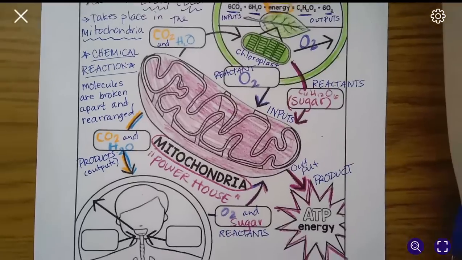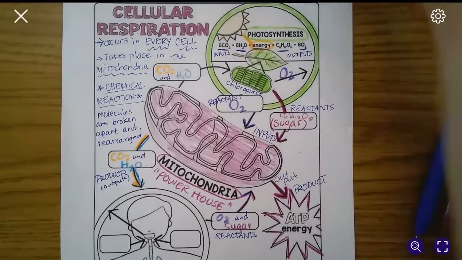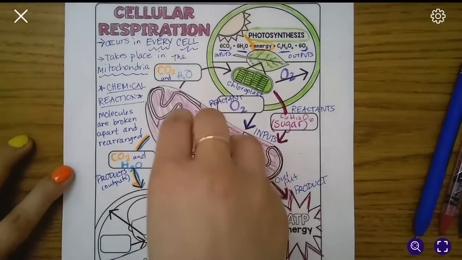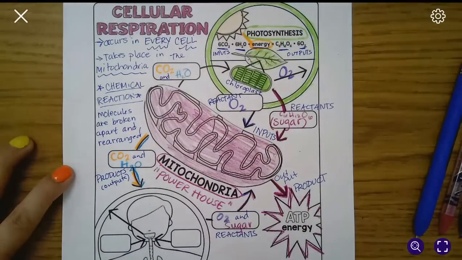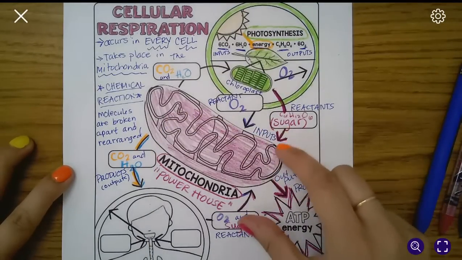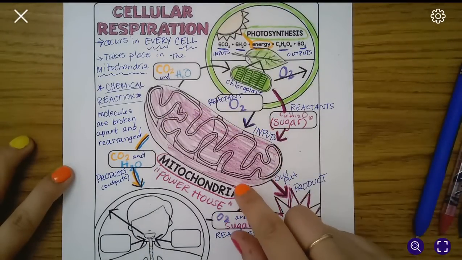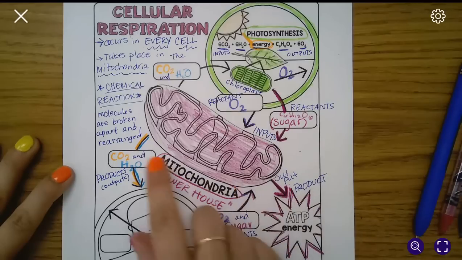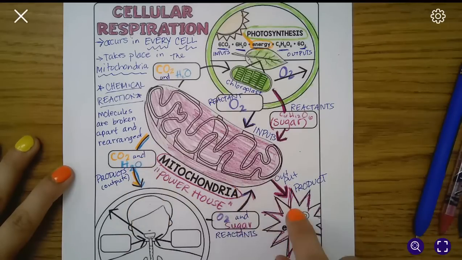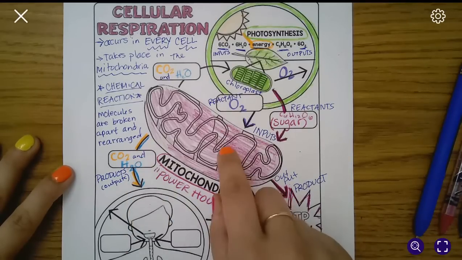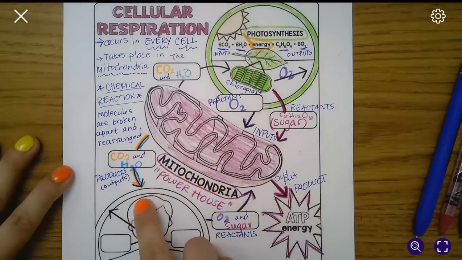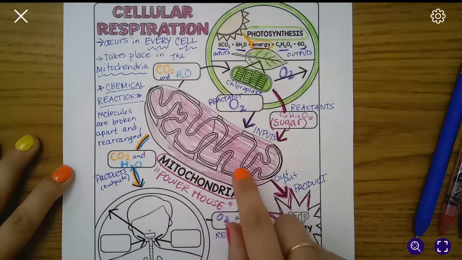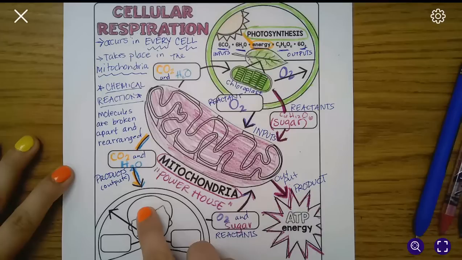Okay, so let's back this up a little bit and really focus on this. If we focus on just the mitochondria, just cellular respiration, our inputs are always oxygen and sugar. Our outputs are always CO2, H2O, and energy. So in go oxygen and sugar, out comes CO2 and H2O.